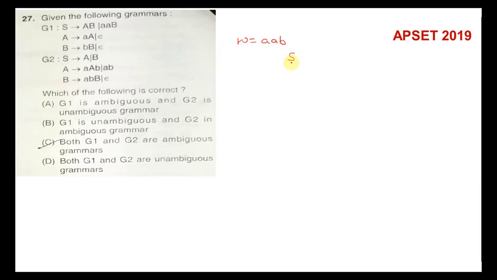That is, S is the start symbol here, and I am taking the first production, S tends AB, and then A tends A according to the production, and after that this A is to be derived by using the same production again, and finally A tends epsilon.